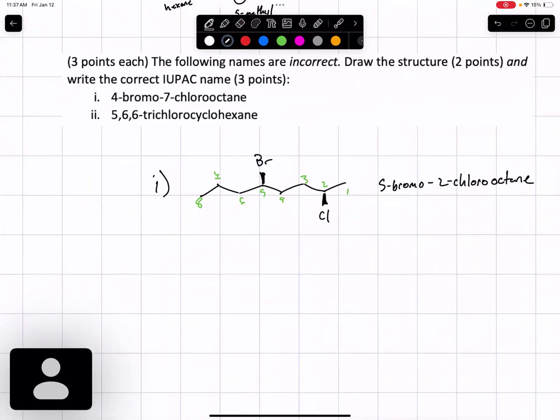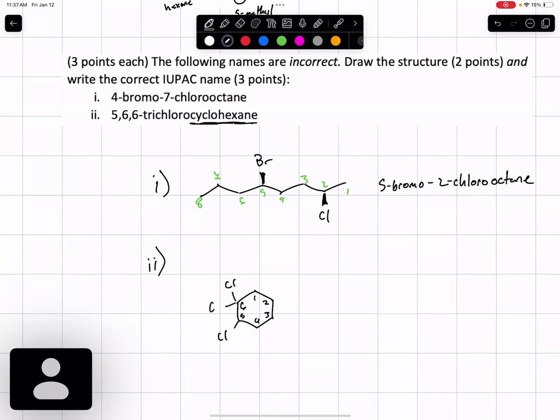How about the second one? What's wrong with the second one? So the second one, big hint, it's a cyclohexane. And it doesn't matter where I put this, but it's saying that I have at 5 a chloro, and at 6 a chloro.